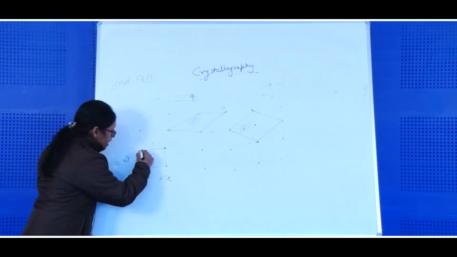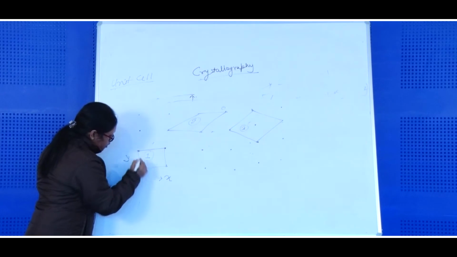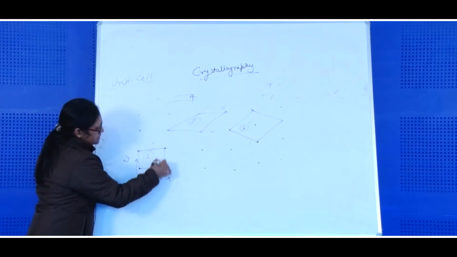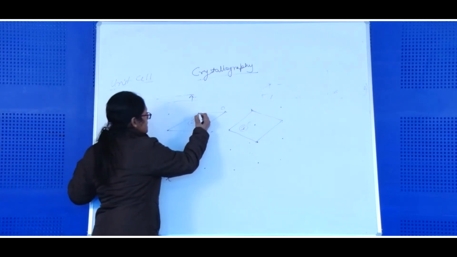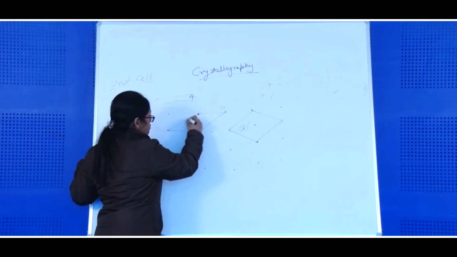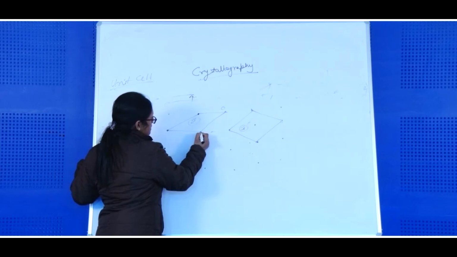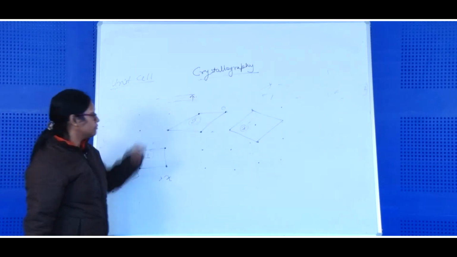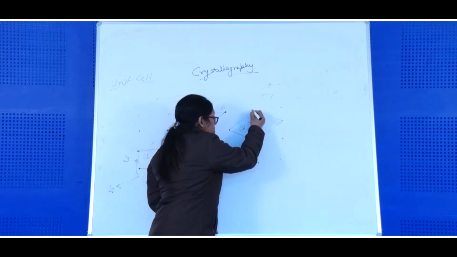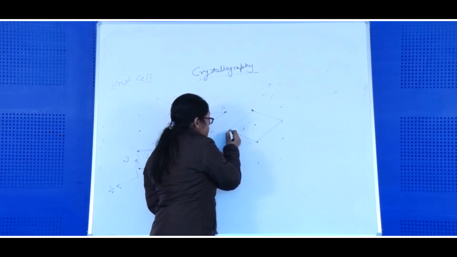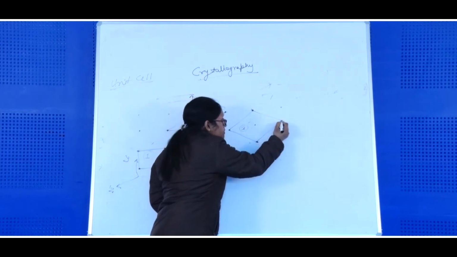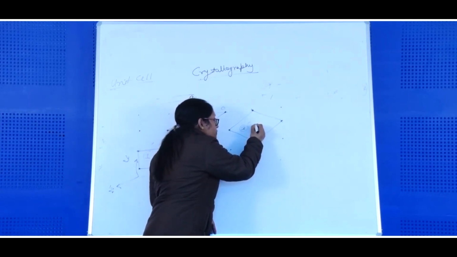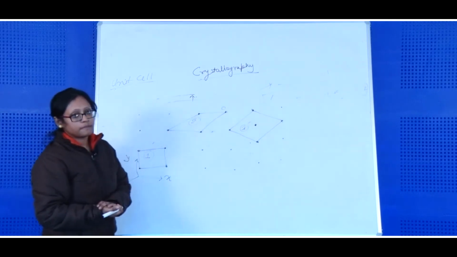See, in block 1 the lattice points are only at the corners of the cell. In block 2 the lattice points are at the corners of the block. But in block 3 the lattice points are at the corners of the block, as well as there is another point at the center of the block.